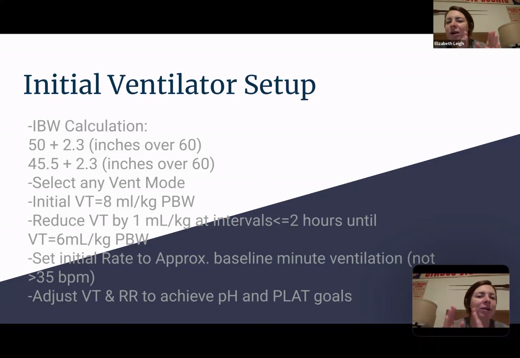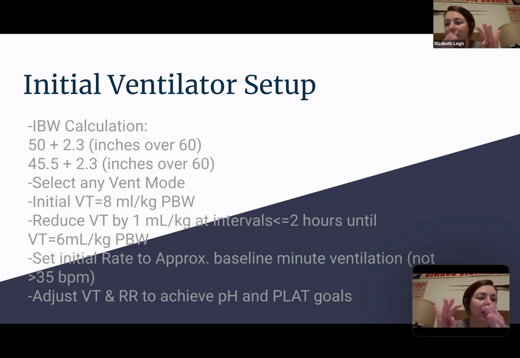And then an initial tidal volume of 8 milliliters per kilogram of ideal body weight. You'd be reducing the tidal volume by 1 milliliter per kilogram at intervals less than or equal to 2 hours until the tidal volume reaches 6 milliliters per kilogram.